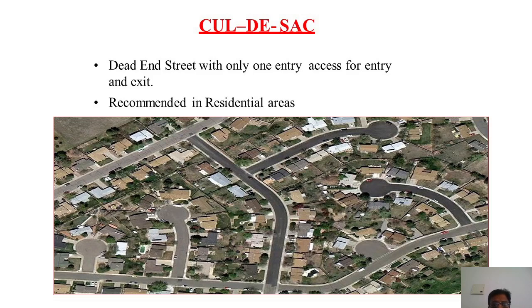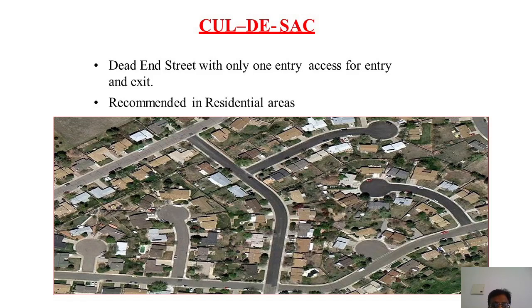Here you can see a dead-end street with only one access for entry and exit. You can see that this road is ending here itself. There is no access to another road. This road is stopping here. Here also this road is stopping. Here also the road has not moved forward. It is stopped here itself.